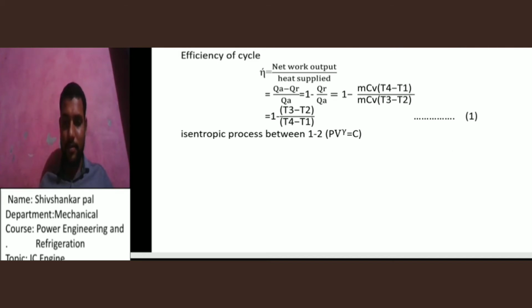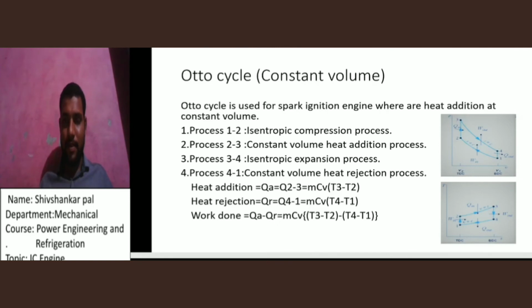Coming back here, the compression process starts from 1 to 2. What is the compression ratio?